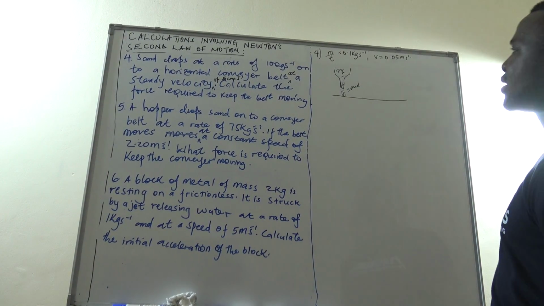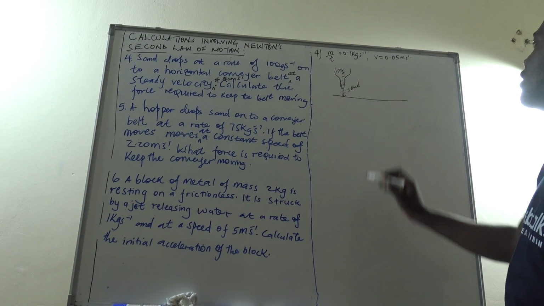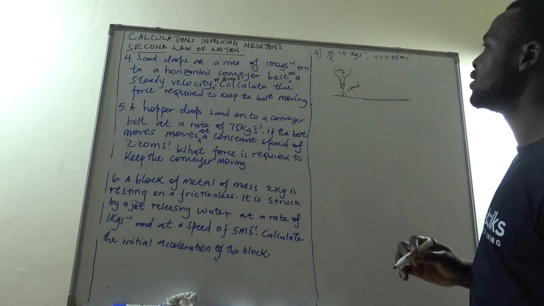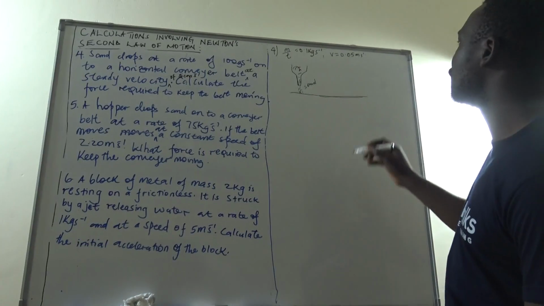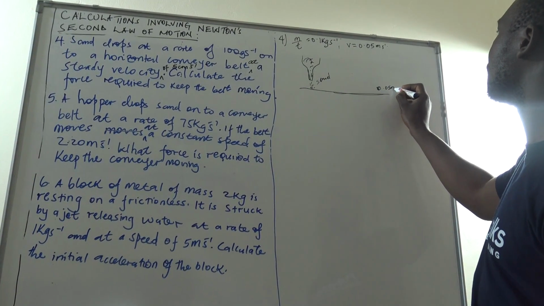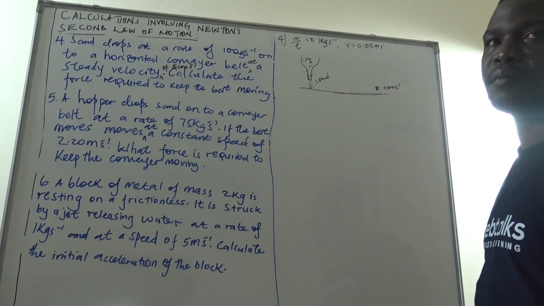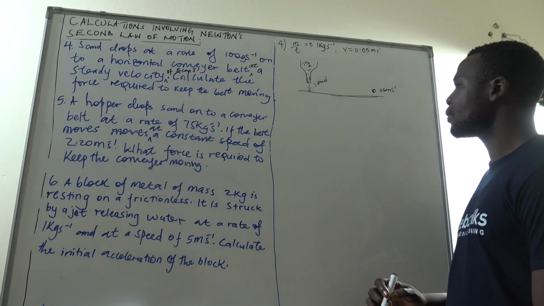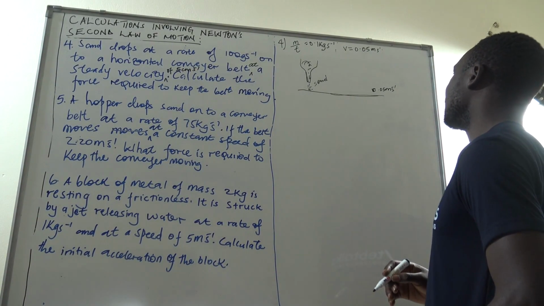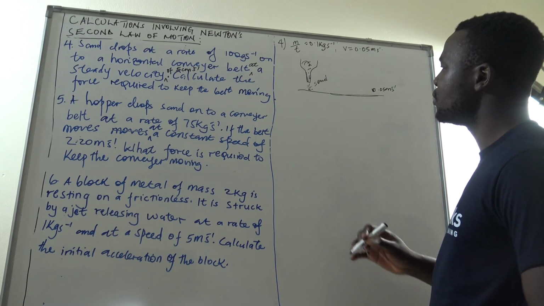Now, they are saying that this is a conveyor belt, and this conveyor belt is moving at a velocity of 0.05 meters per second. If this conveyor belt is moving at 0.05 meters per second, what do we see?